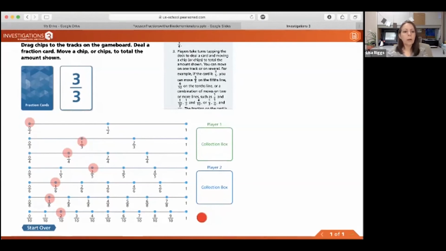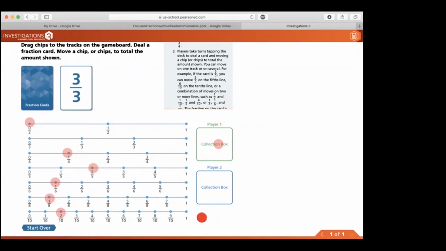Okay, so how about if we said we want to move 1/3, 2/3, that would put it in my collection box. Now, how much do I have left to go? You've gone 2/3, so you have 1/3 left.